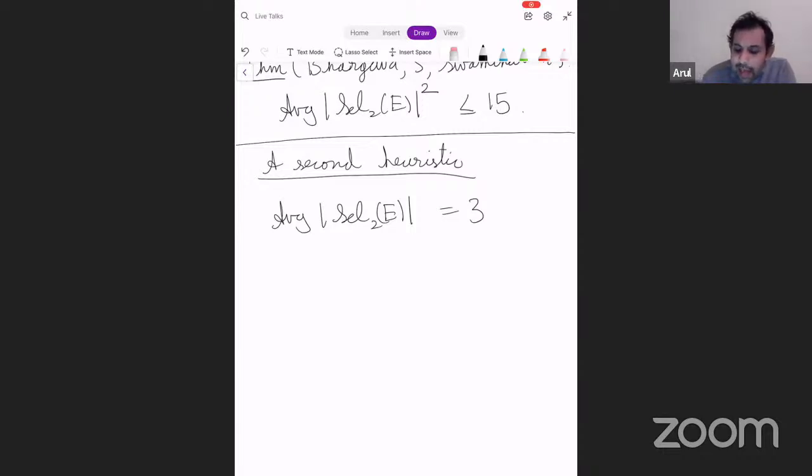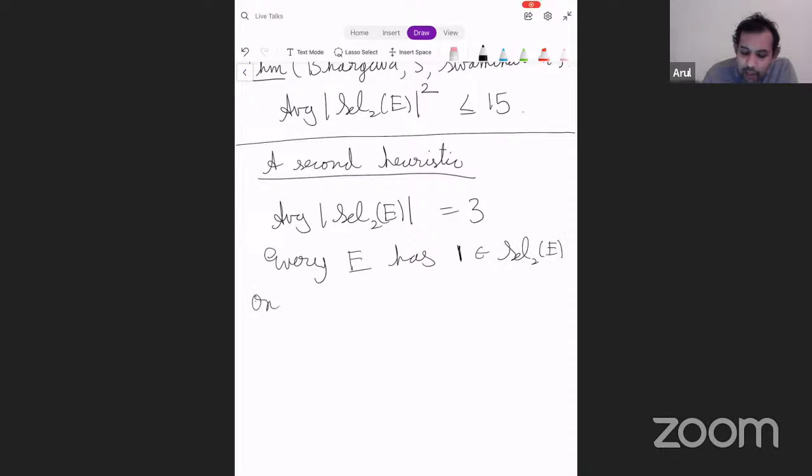What does it mean that the average size is 3? Well, every elliptic curve has an identity element in its Selmer group. The Selmer group is a finite group, so it definitely has an identity element.